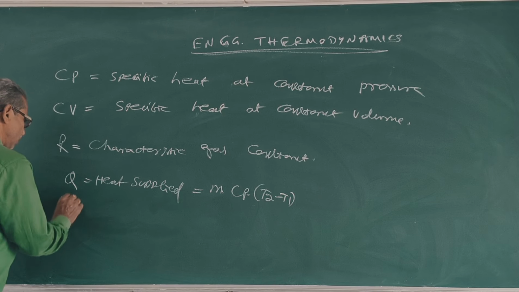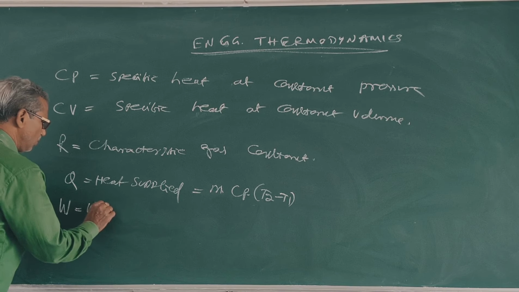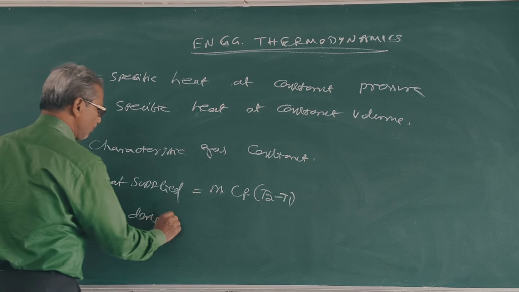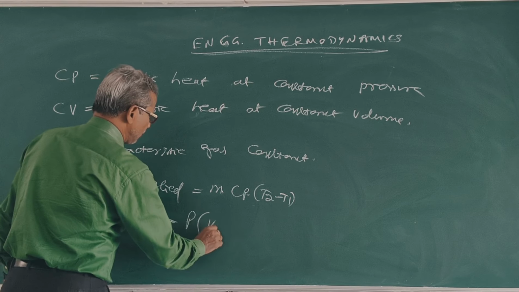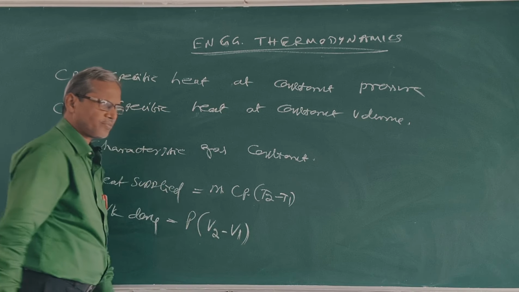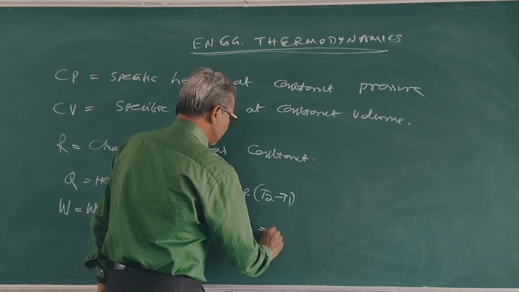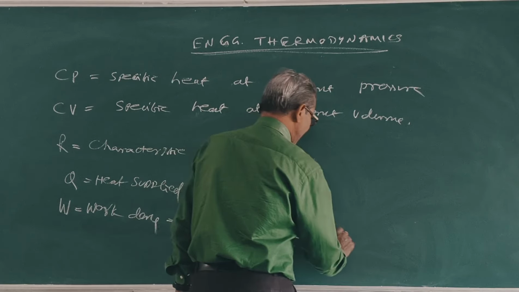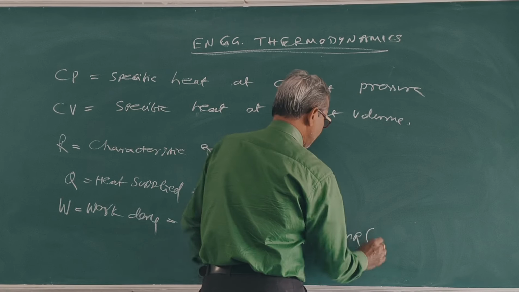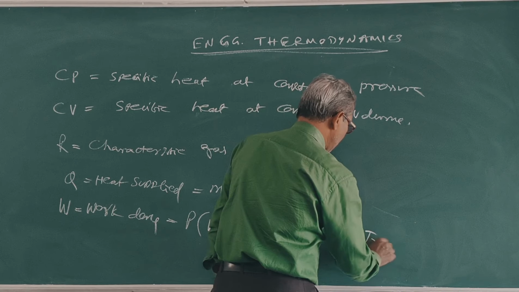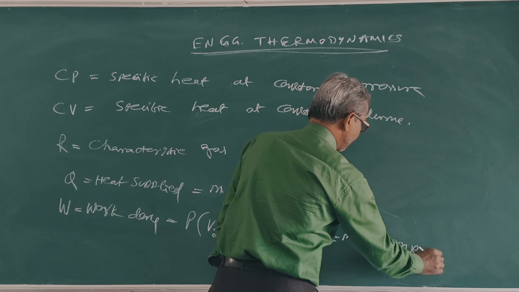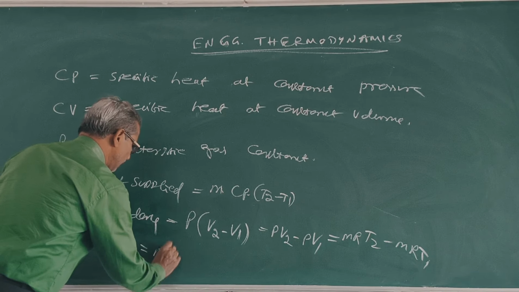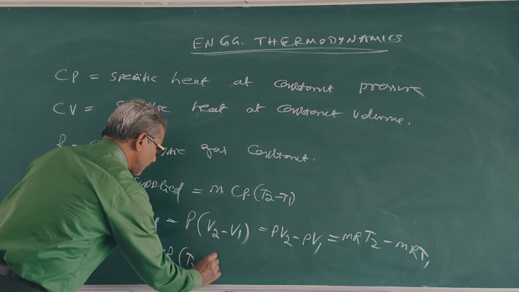W is equal to work done, P into (V2 minus V1), that is PV2 minus PV1, which is mRT2 minus mRT1. Clear? This is equal to mR (T2 minus T1).